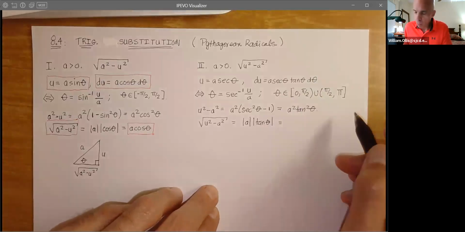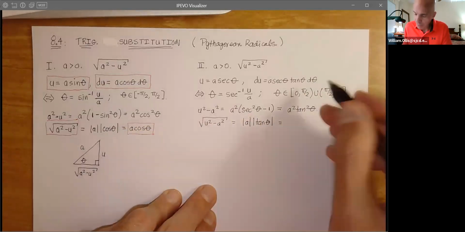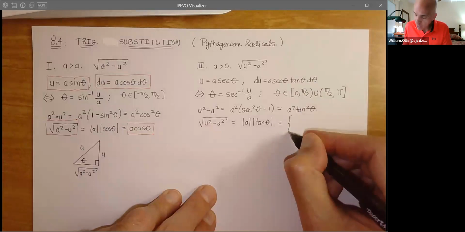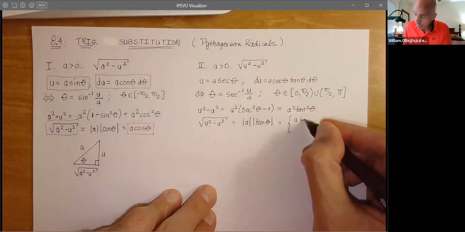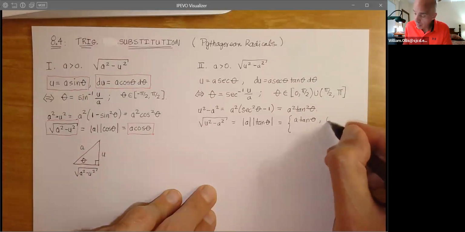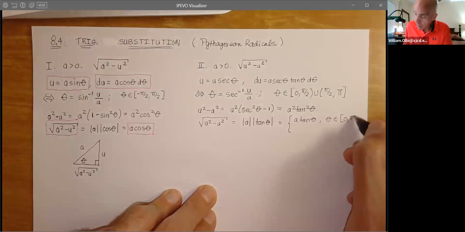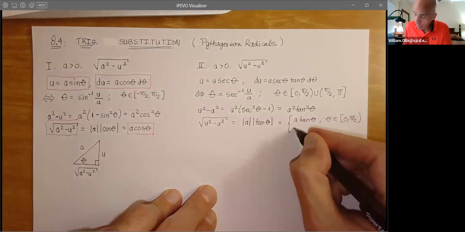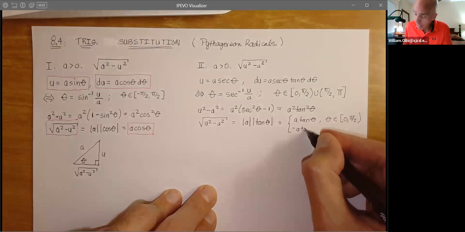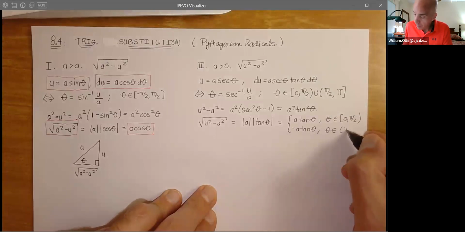But again, we don't always get everything as nice as this one, so we have to pay a little bit here. So of course, this will be a tangent theta. You'll see this in the lecture notes when theta lives here because the tangent is positive or non-negative. And then of course we have the additive inverse, which we might need to use if we're doing a definite integral when theta lives here.